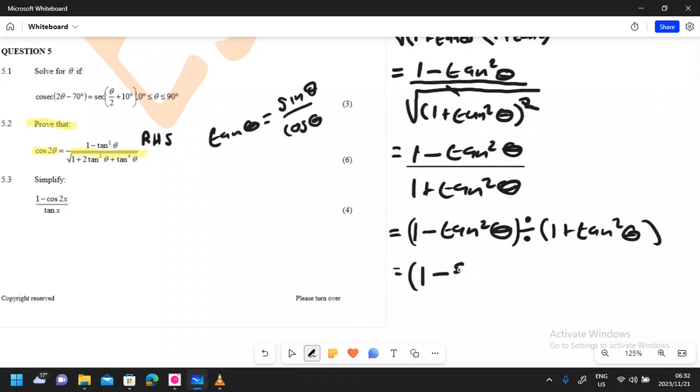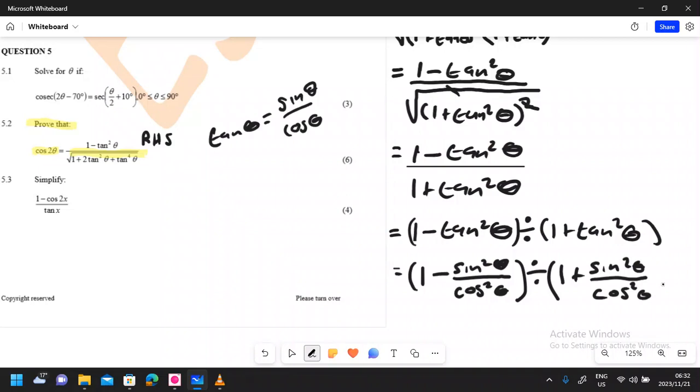So we can say sine squared theta divided by cos squared theta. And then we do the same thing this side as well. Plus sine squared theta divided by cos squared theta. Right.